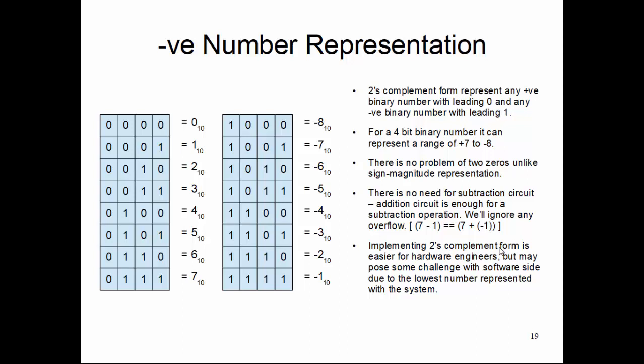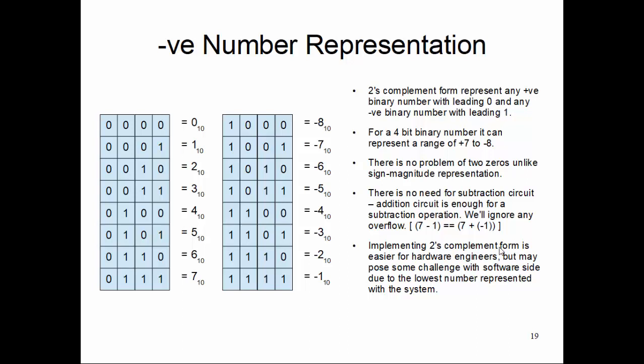The proposed system is named the 2's complement number system, and it can represent positive and negative numbers, both of them, in a similar fashion. And it doesn't have that positive and negative 0 problem.